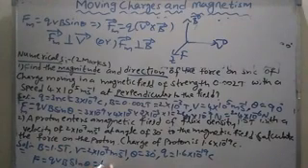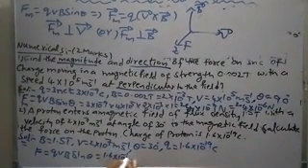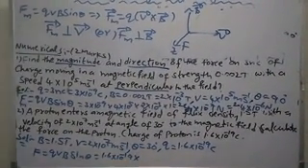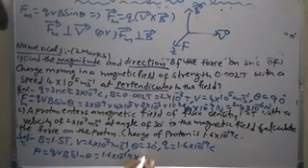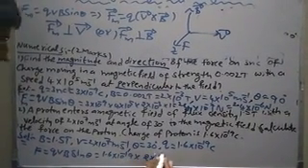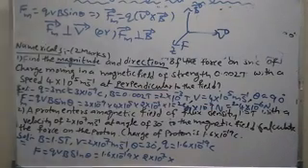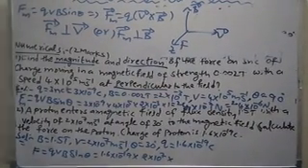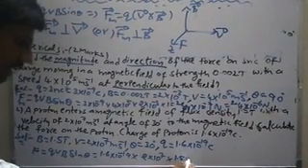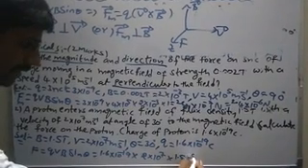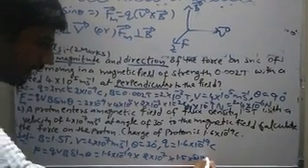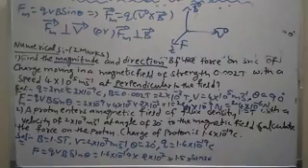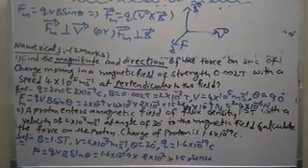Q is 1.6 into 10 to the power of minus 19, velocity 2 into 10 to the power of 7, magnetic field 1.5, into sin 30. Then what is the answer?